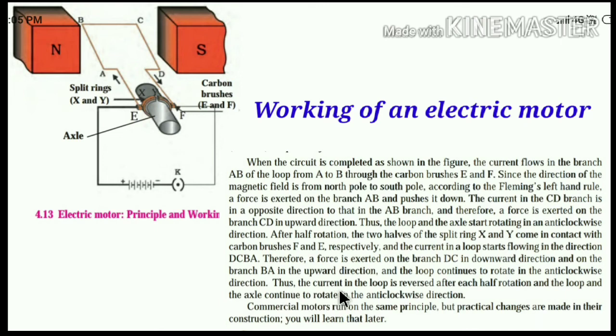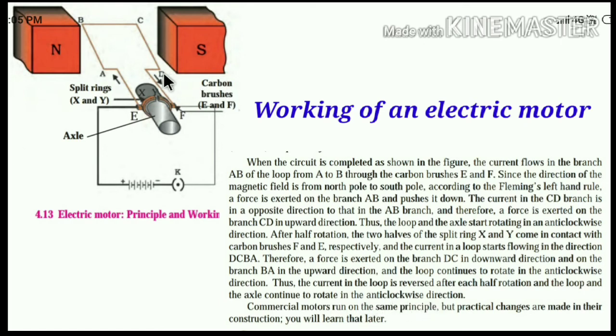Thus the current in the loop is reversed after each half rotation, and the loop and the axle continue to rotate in the anti-clockwise direction. As the copper wire or loop rotates, the axle also rotates in the anti-clockwise direction.